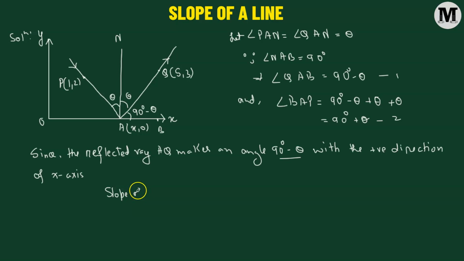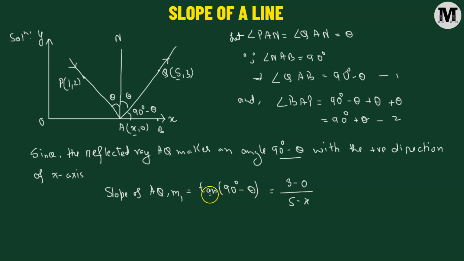So the slope of AQ, let's call it M1, will be equal to the tangent of the angle that it makes with the positive direction of the x-axis. So that's tangent of 90 degrees minus theta. We can also define the slope of the ray AQ because we have the endpoints A as well as Q. In the numerator, we take the difference of the y coordinates, so that's 3 minus 0, and in the denominator, we take the difference of the x coordinates, so that's 5 minus x.